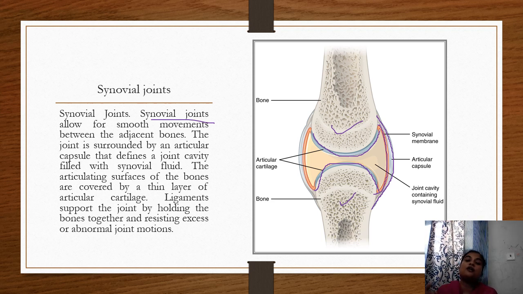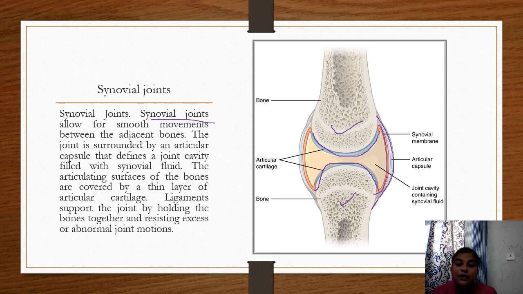You cannot move the bone backwards; you can move your bone in only one direction in the hinge joint. So the synovial fluid helps to maintain the functions of specific joints also. It gives the lubrication in the bones and the joints.